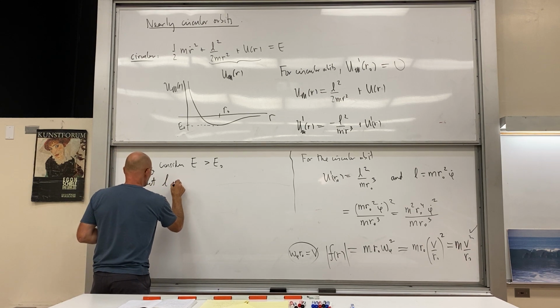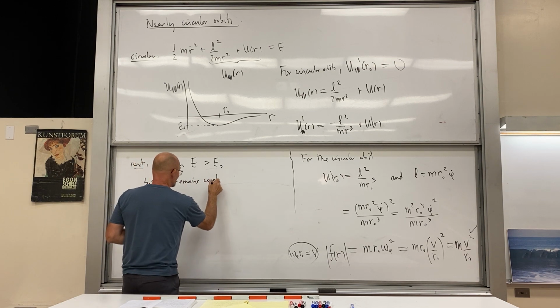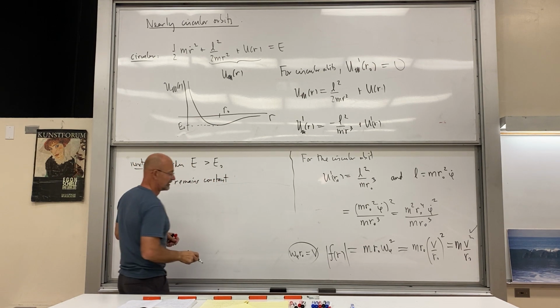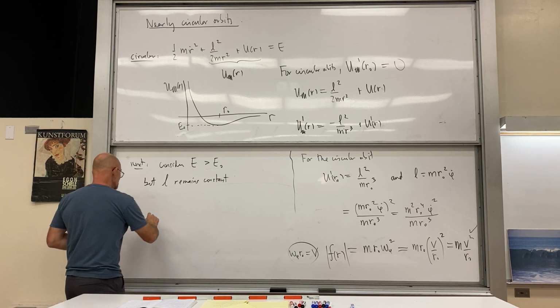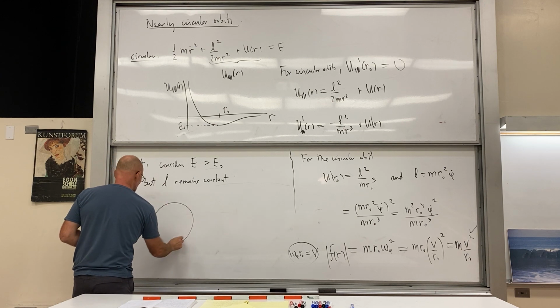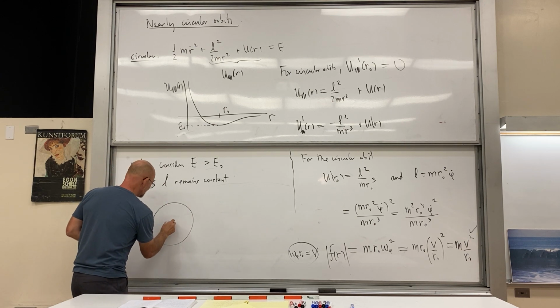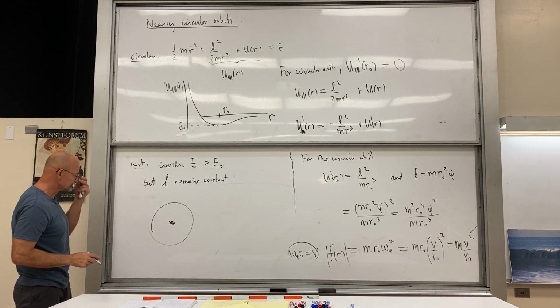But L remains constant. So first you want to ask yourself, how can one do that? So imagine you are in an orbit. You're in a circular orbit. Here's the center. I'll put a star there. That's the center of the potential.